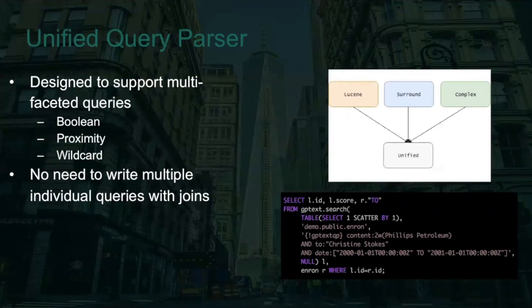So there's no need to write that. You can actually write it all as one single query using the different types of parsing formats, whether it's a Boolean query or a surround query or complex query, and we'll take care of the heavy lifting behind the scenes. So essentially, this supports an almost Google-like syntax to be able to write these complex queries and get the relevant search results you need.